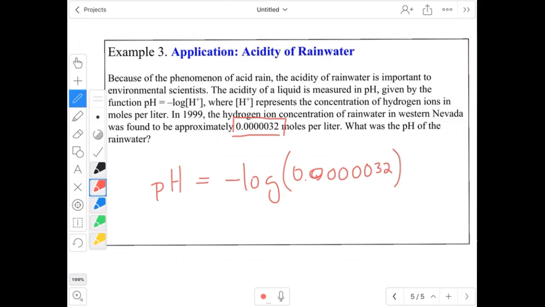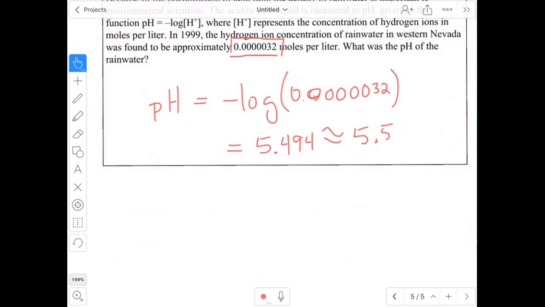So we would get 5.494. Okay, so that's roughly 5.5.